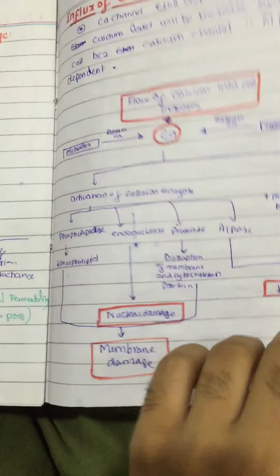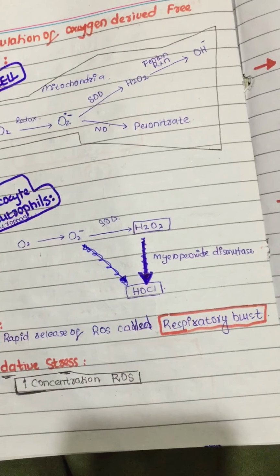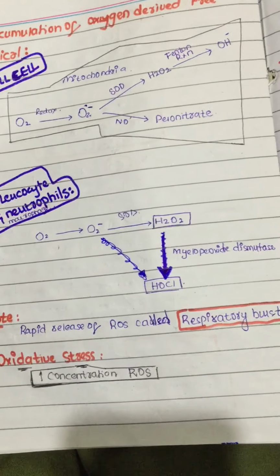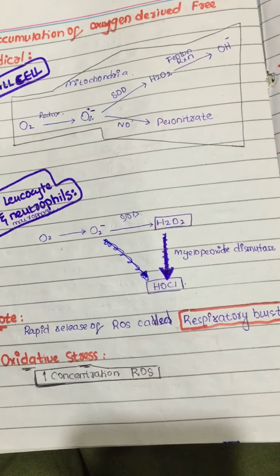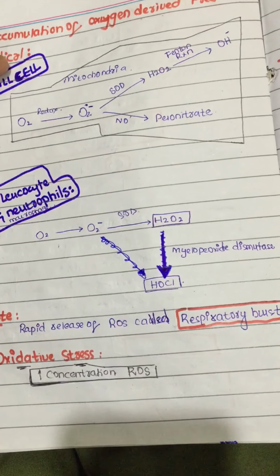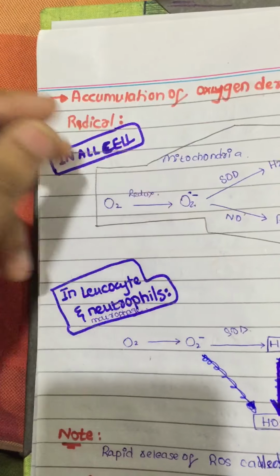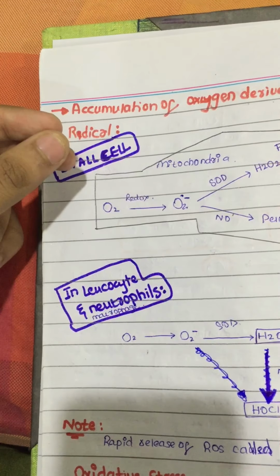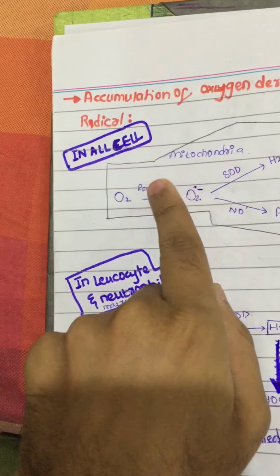Okay. Now, there was a second point in the list. We already did it, that there was an increased level of the reactive oxygen species. So for example, in a normal cell, the normal oxygen is going to be converted into the superoxide.